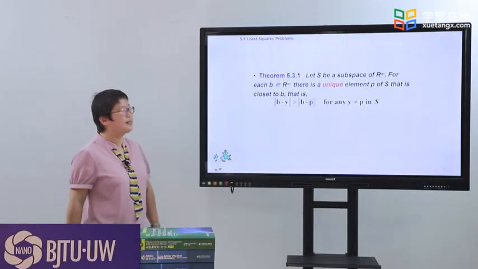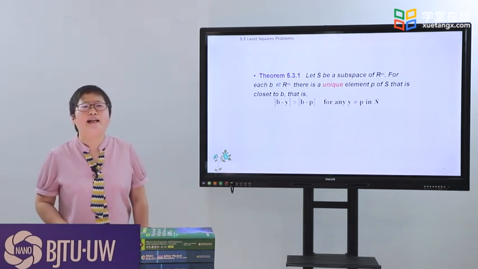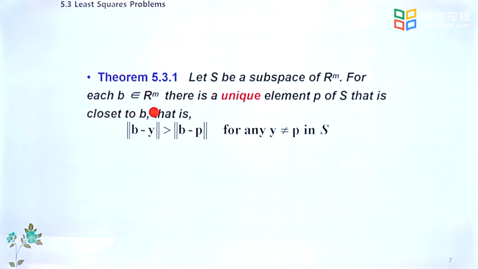So consider this. First, we have Theorem 5.3.1. Let S be a subspace of Rm. For each b belonging to Rm, there is a unique element p of S that is closest to b. That is, for any y not equal to p in this subspace, the length of b minus y is greater than the length of b minus p.